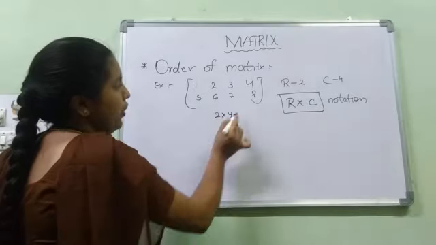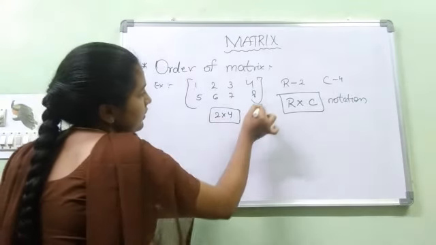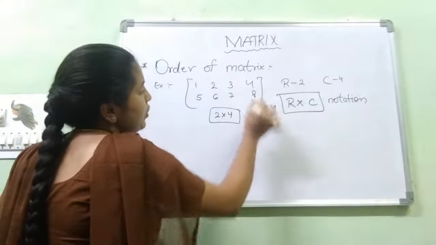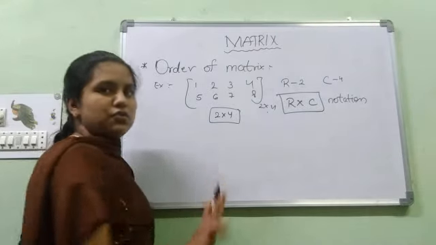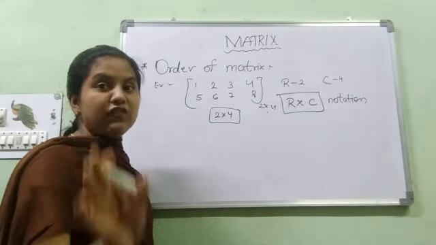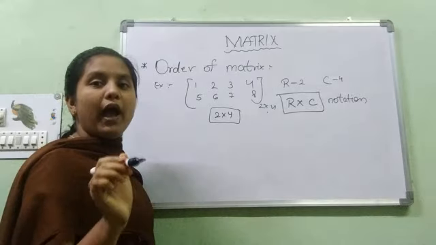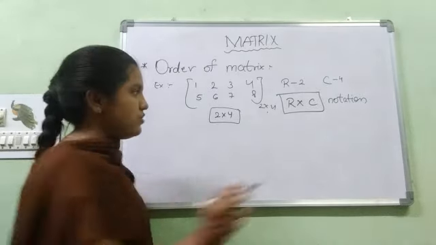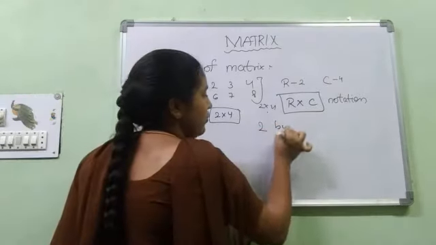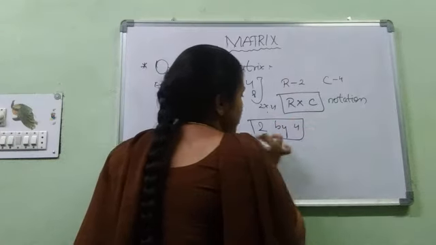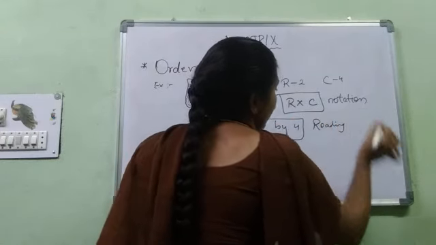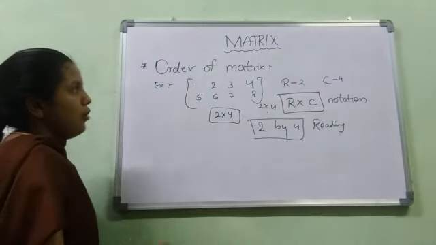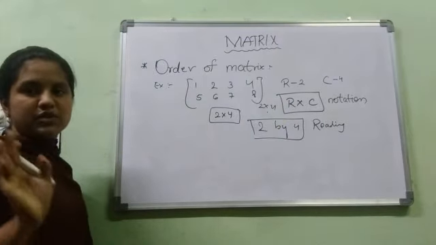So 2 into 4, which we write below the matrix. The writing format is 2 into 4, but the reading format is 2 by 4. The order of the matrix should be in R into C notation.